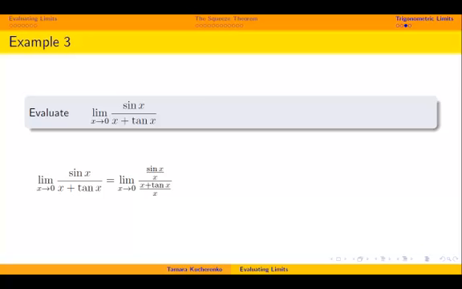The numerator is in the desired form. In the denominator, we divide term by term, x plus tangent x over x, and obtain 1 plus tangent x over x. We rewrite tangent x as sine x over cosine x and rearrange the terms.